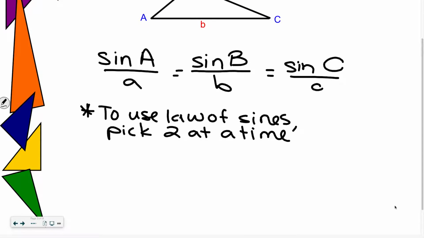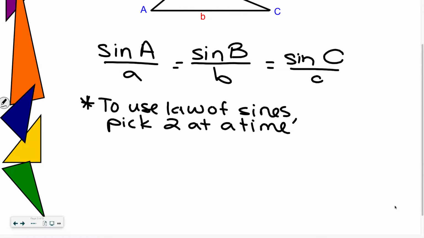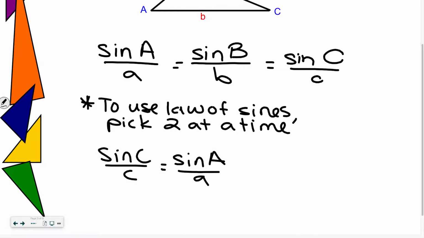Depending on what information you get about a triangle, you might decide that you're going to use sine C over C, and you're going to set it equal to sine A over A. By the transitive property of equality, all these things are equal. So I only need to pick 2 at a time.